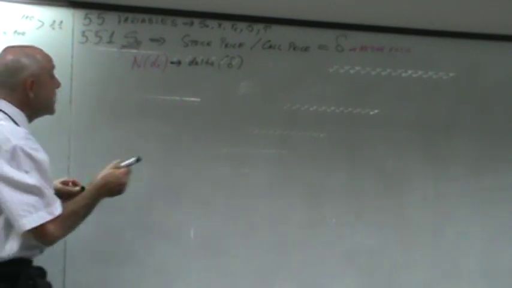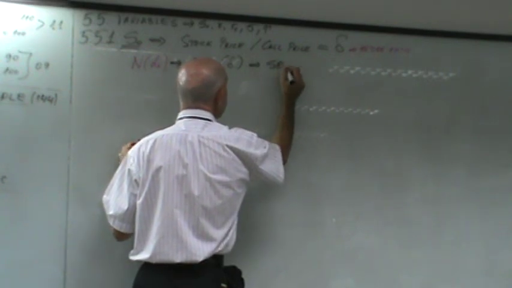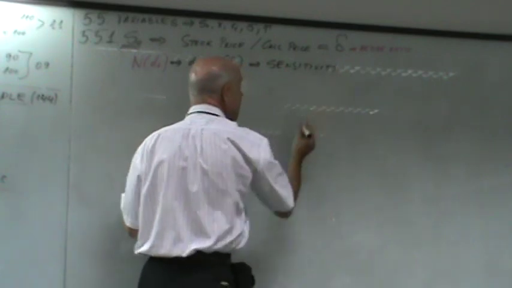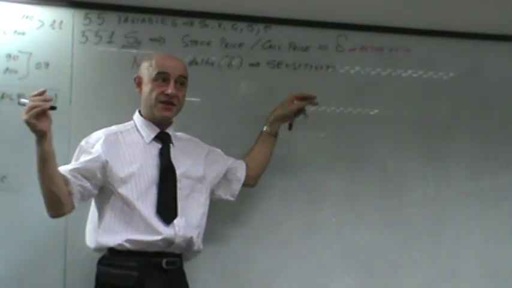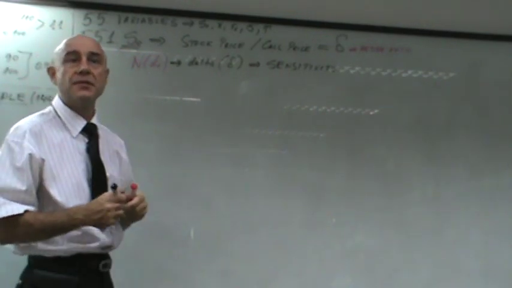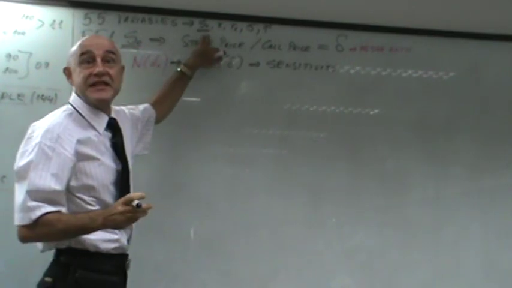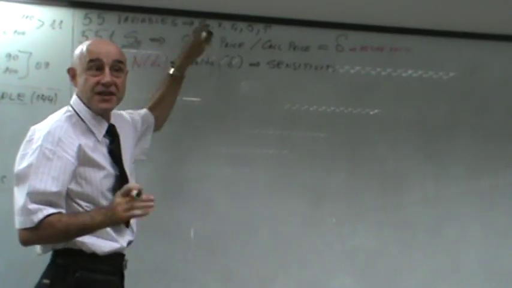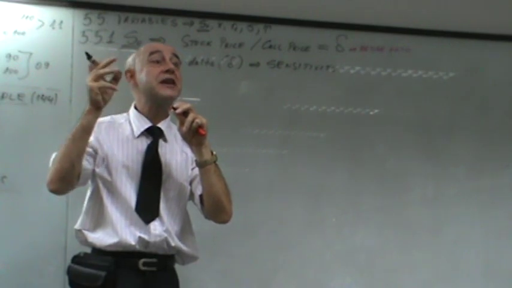In other words, delta gives you, we call it, the sensitivity to stock price. Each variable, pay attention, each variable will have a sensitivity. So, the call will have a sensitivity to the stock price. If the stock price changes by $1, how much is the call going to change?